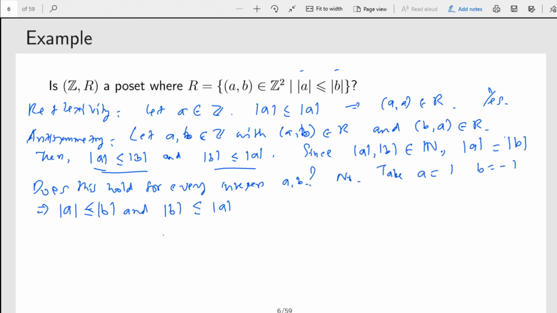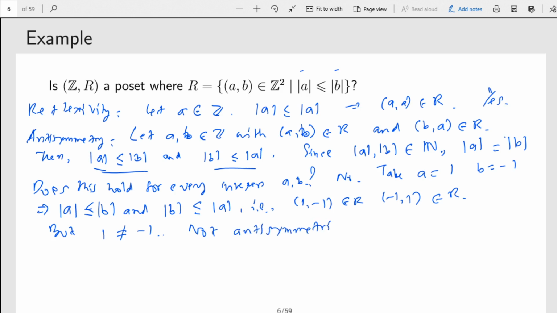In other words, 1, -1 and -1, 1 are in the relation. But clearly 1 is not equal to -1, so it is not antisymmetric. Because of this, the pair Z, R is not a poset.